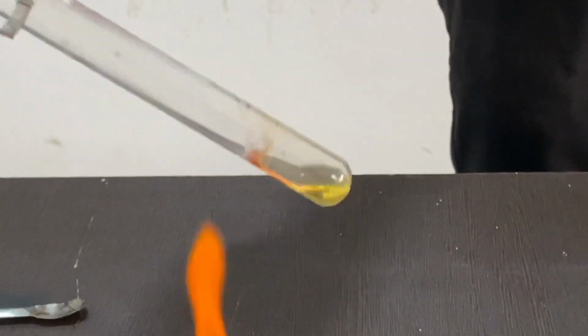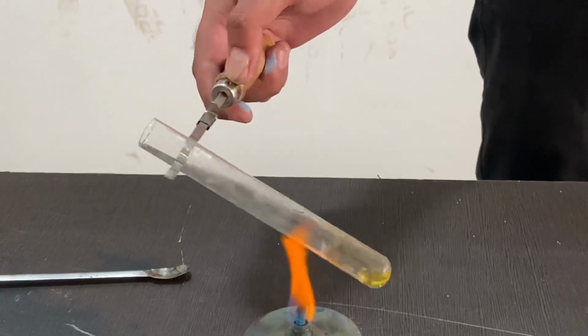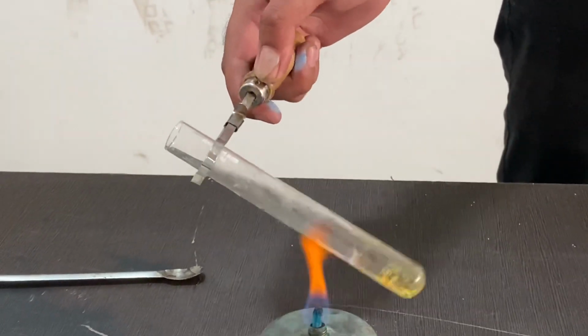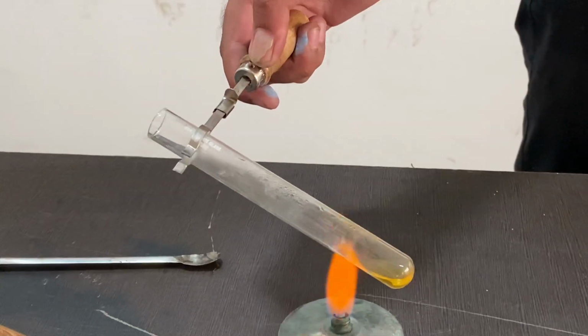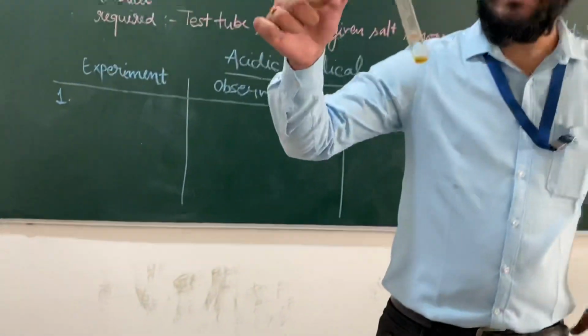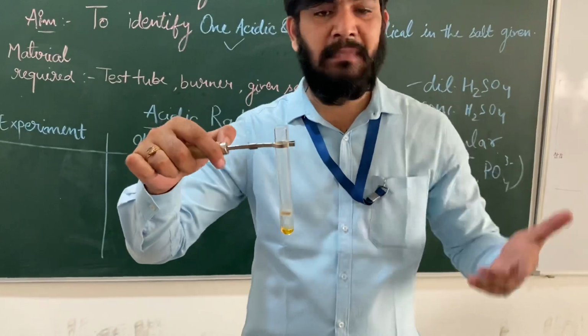Now you can see a slight ring formation is taking place, but you are not going to get anything from it. So you have to heat it a bit more. What we do, we analyze the gas which is coming out from the test tube by smelling it.